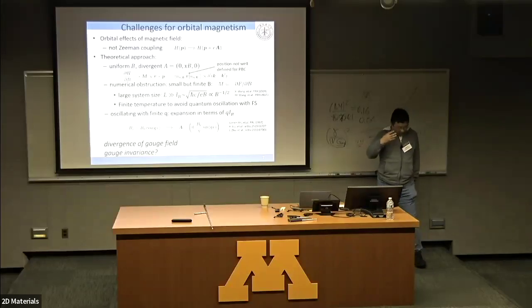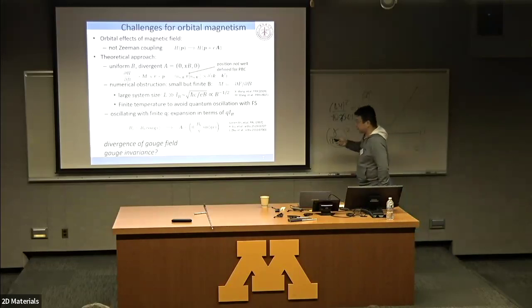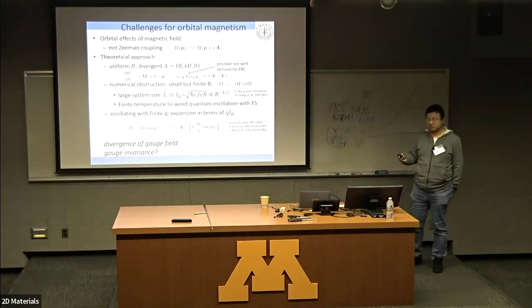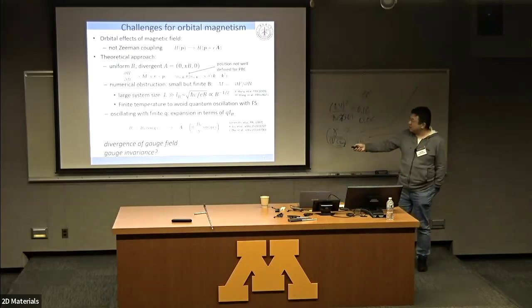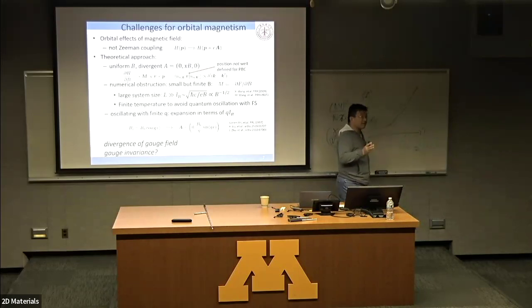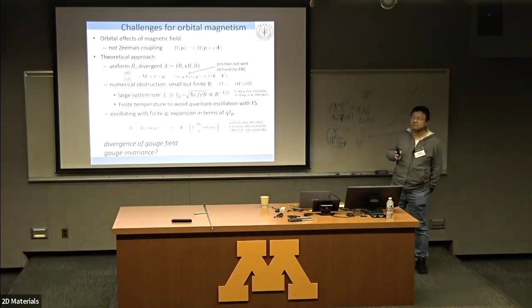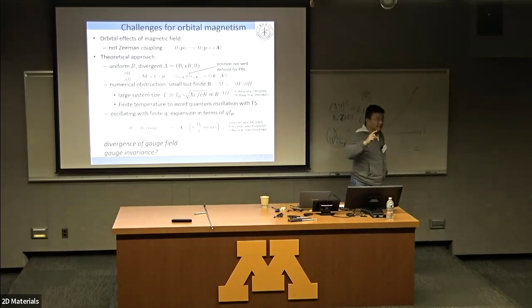And this is just for the insulating phase. If the system is in a metallic phase, you also need to do this calculation at finite temperature to avoid the possible quantum oscillation induced by the magnetic field. A second way is, instead of a uniform magnetic field, you add a momentum to the magnetic field, so that the applied magnetic field is oscillating.